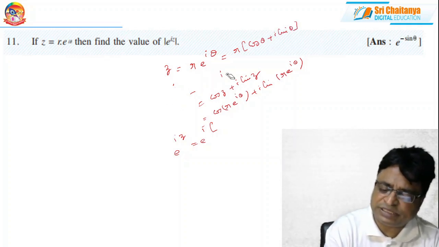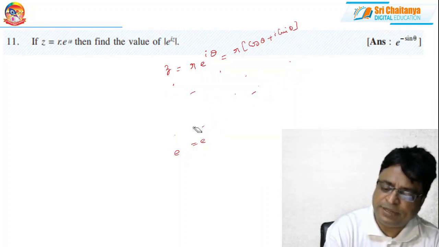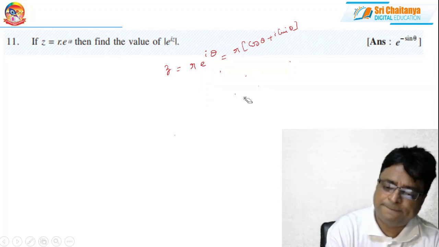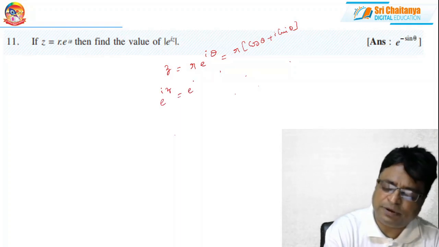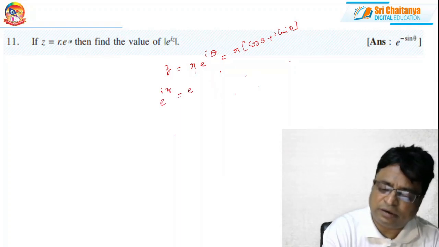So instead of writing these steps, you can do like this. e power iz is equal to e power i into r into cos theta plus i sin theta. After simplification, this I can write as e power minus r sin theta into e power i r cos theta.